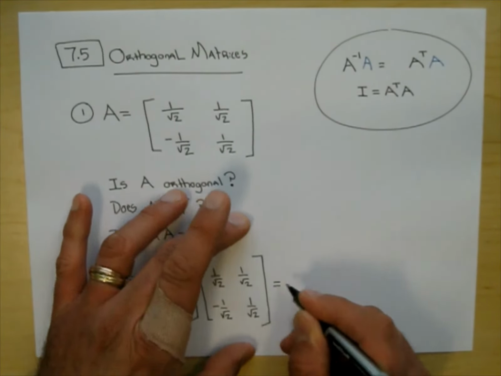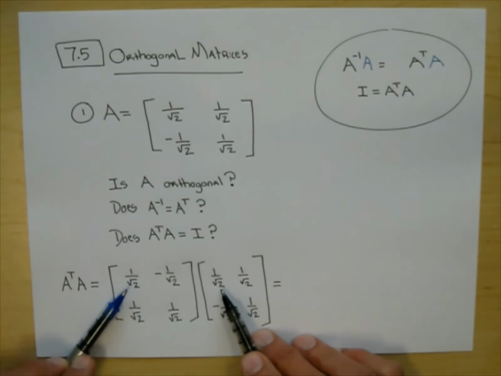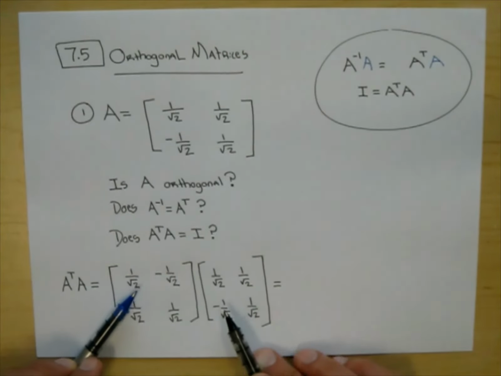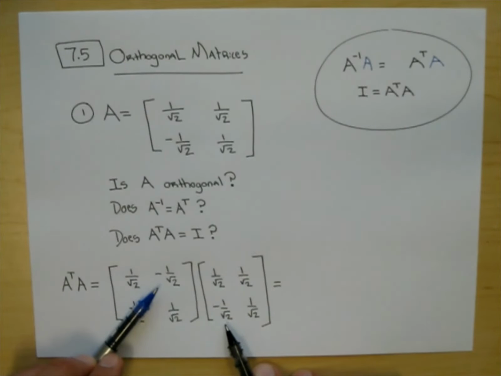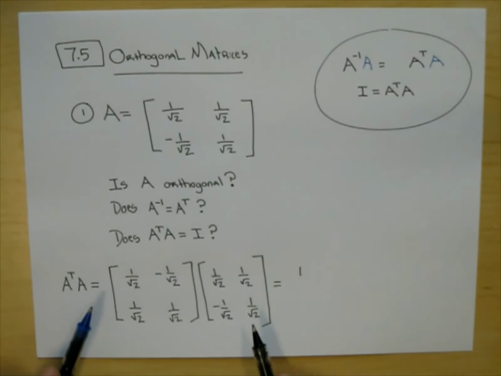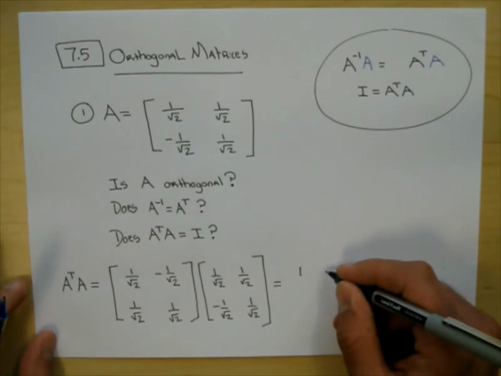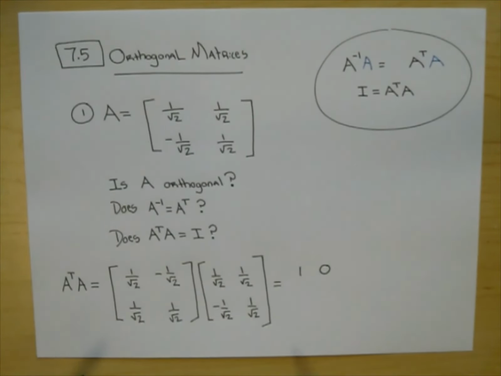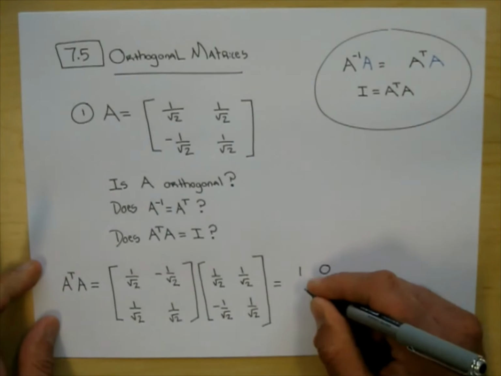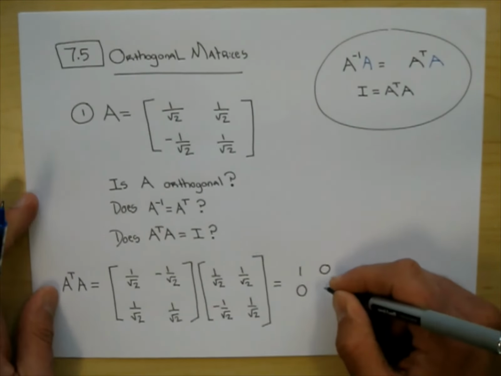Okay, let's multiply that out, see what we get. Well, we have 1 over root 2 times 1 over root 2 is 1/2, and then this is going to be plus 1/2 is 1. 1/2 minus 1/2 is 0. 1/2 minus 1/2 is 0. 1/2 plus 1/2 is 1.